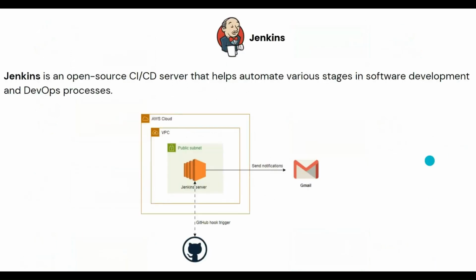So now, what is Jenkins? Jenkins is an open source CICD server that helps automate various stages in software development and DevOps processes. So basically, Jenkins is used in teams where the DevOps approach is heavily adopted.